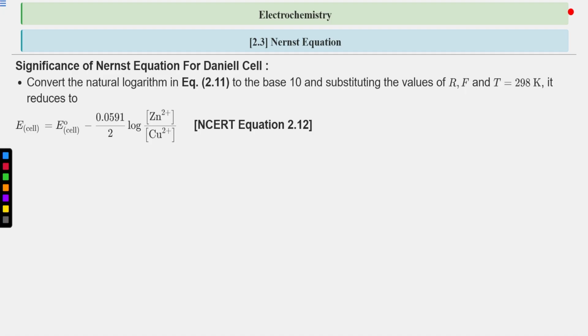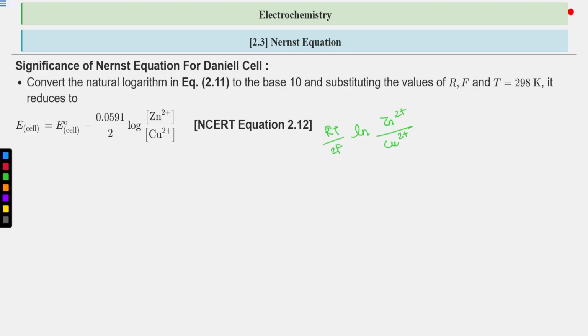E equals E naught of cell minus 0.0591 by 2 log of zinc 2 plus upon copper 2 plus. Again, we have used the conversion from natural logarithm to base 10 logarithm. We have ln zinc 2 plus upon copper 2 plus, and before this we have RT by 2F.